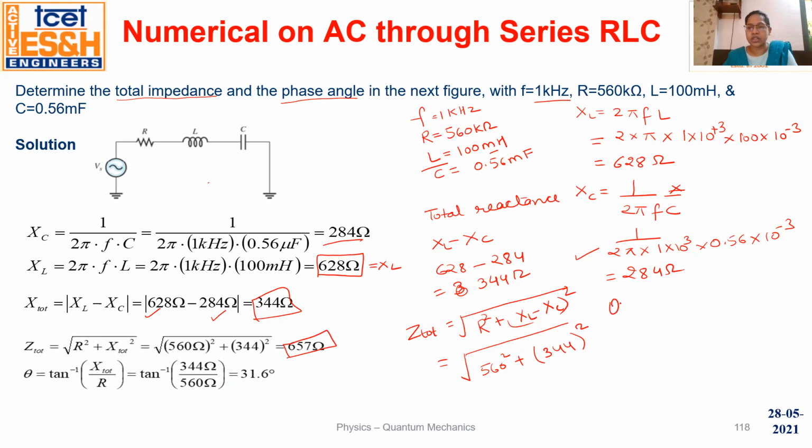Now theta is equal to tan inverse of XL minus XC by R, that is 344 divided by 560. What we will get here is the angle phi, 31.6.